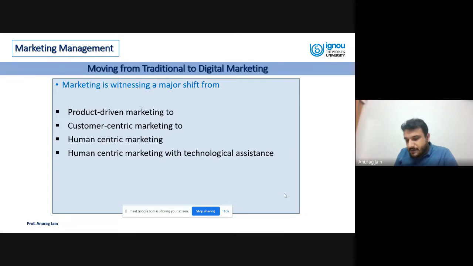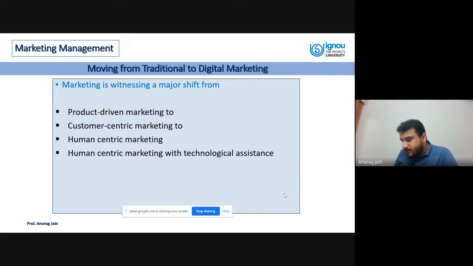Previously there was much focus on the quality of a product, and the thought was that if it is of good quality, people will buy it and demand will be created. But then the thought shifted: ultimately the product is important, but what do consumers think about it, what do customers actually want? The focus shifted to customer centric marketing.